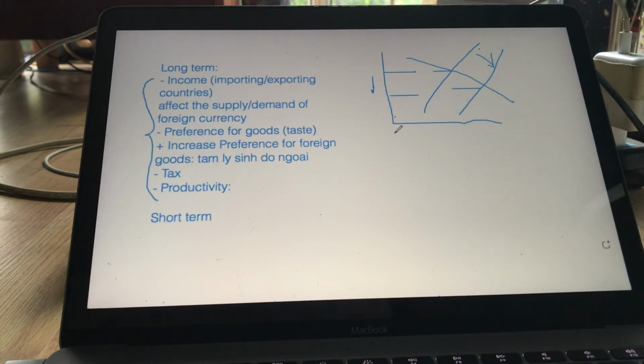Let me clarify what you should do when you are at home. We have the four determinants of the long term: the income, the preference for goods, the tax, and productivity. You make an assumption that there's an increase in the income of the importing country or the exporting country.